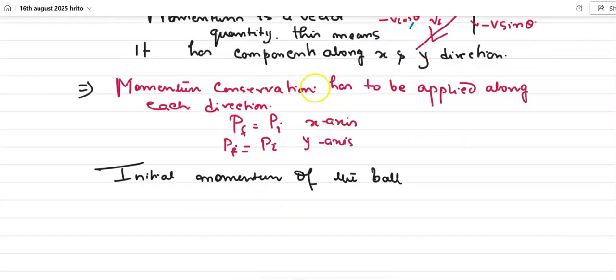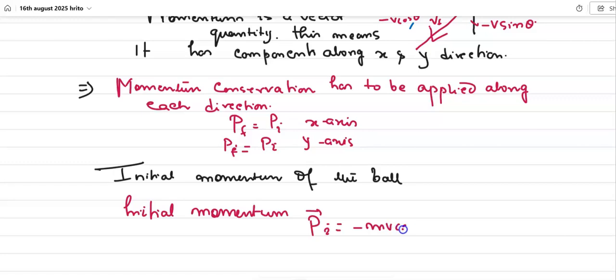Okay, so initial momentum you have to write with the components. Initial momentum vector is minus mv cos theta i plus mv sin theta j, right?